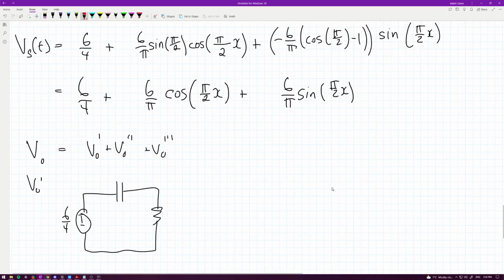But remember, to DC, this is an open circuit. So we're looking for the voltage difference across here, but there's no current, so the voltage difference is just 0. So VO prime is equal to 0 volts.